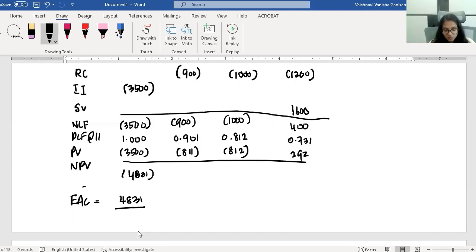The reason why is because you already called it a cost, so that's the reason why. Now, what will be my annuity factor? 2.444.